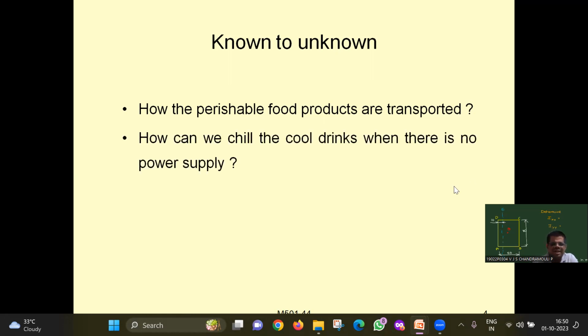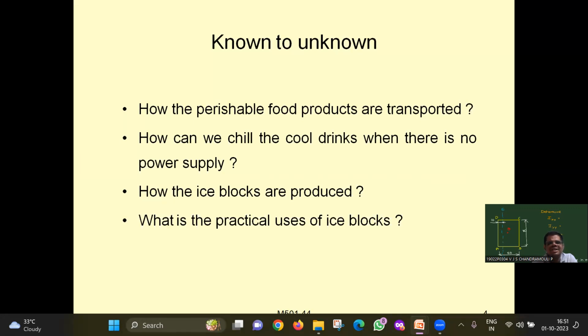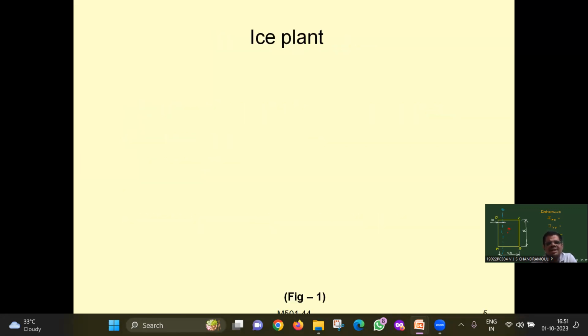Similarly, cool drinks. If you go to a shop, you will get the drink from the refrigerator. But in a train, there are no refrigerators. In such cases, they bring those cool drinks along with ice in separate cartons, so that the cooling is preserved. Now we shall see how these ice blocks are produced and what the practical uses of these ice blocks are in this presentation.